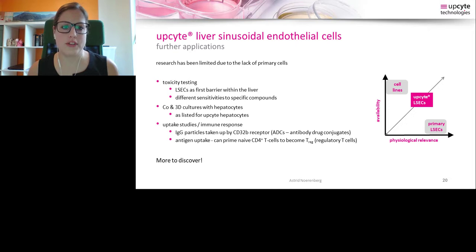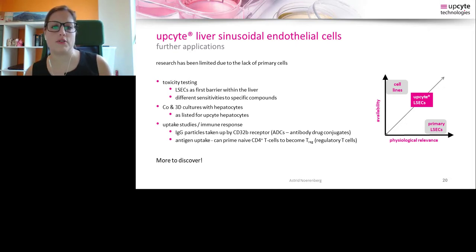And also when you use them in 3D culture, the toxic response to different compounds is different than when you just use the hepatocytes alone. Also, they're quite important in the immune response of the liver. For example, IgG particles are taken up by the CD32 receptors.